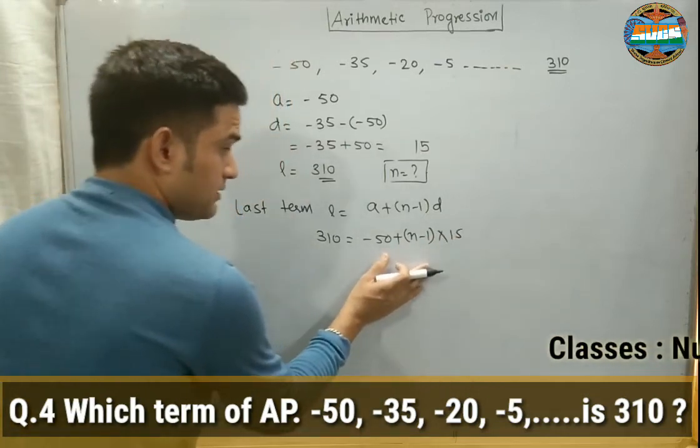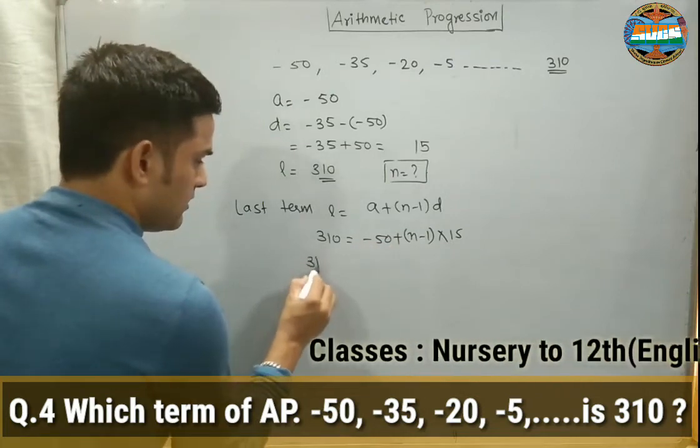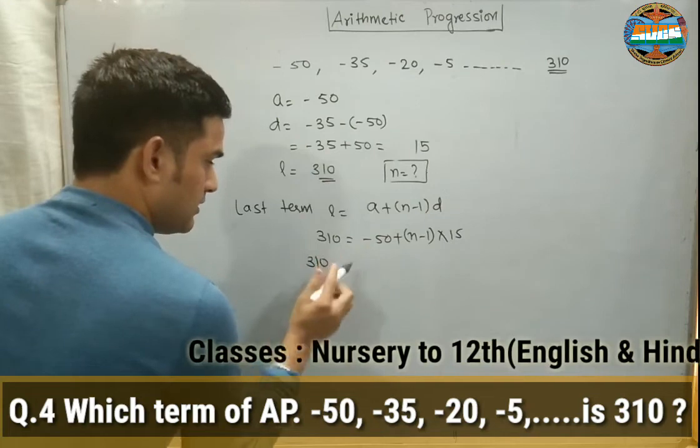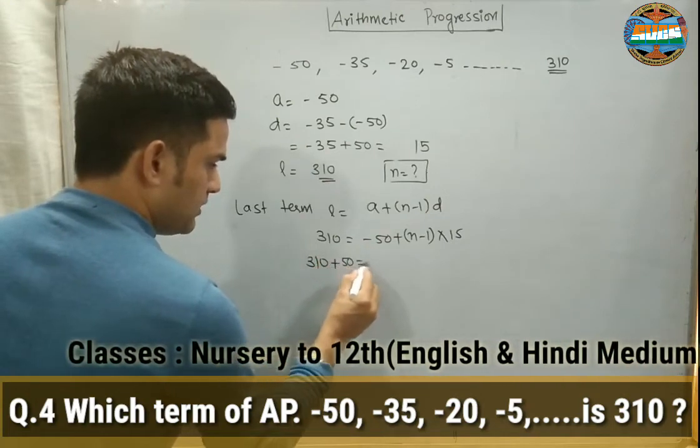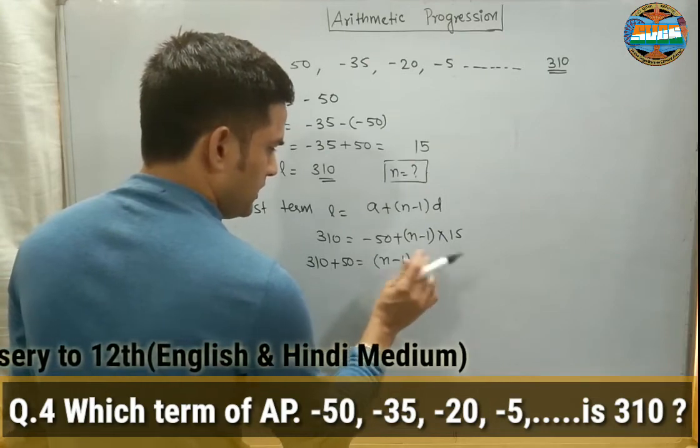We solve the equation: the minus 50 goes to the other side and becomes plus 50.